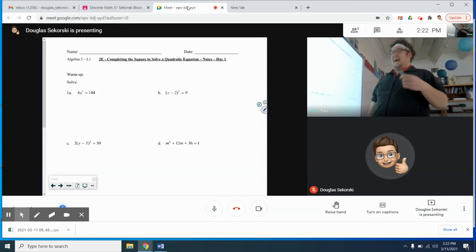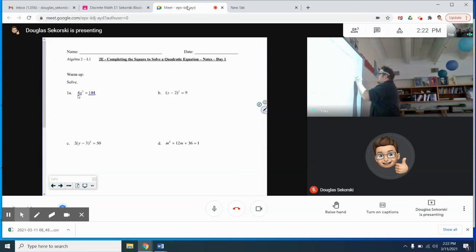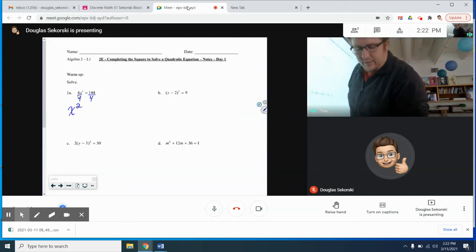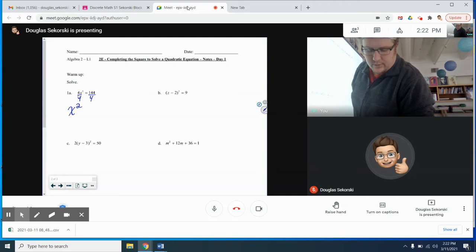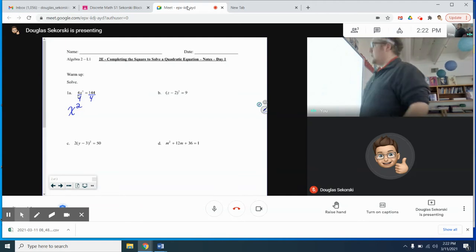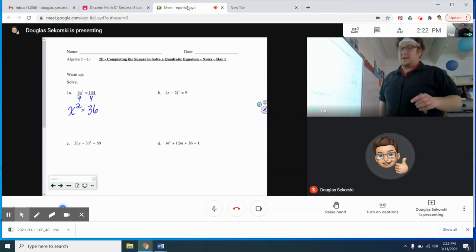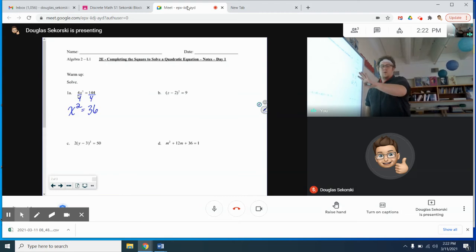Because usually we just factor, or like this one over here, right? You start off by dividing by 4. You get x squared equals 144 divided by 4. Okay, so 144, bada bing, that's 36. So, right, recognize that this problem is easy because you only have one quadratic term equal to a constant.